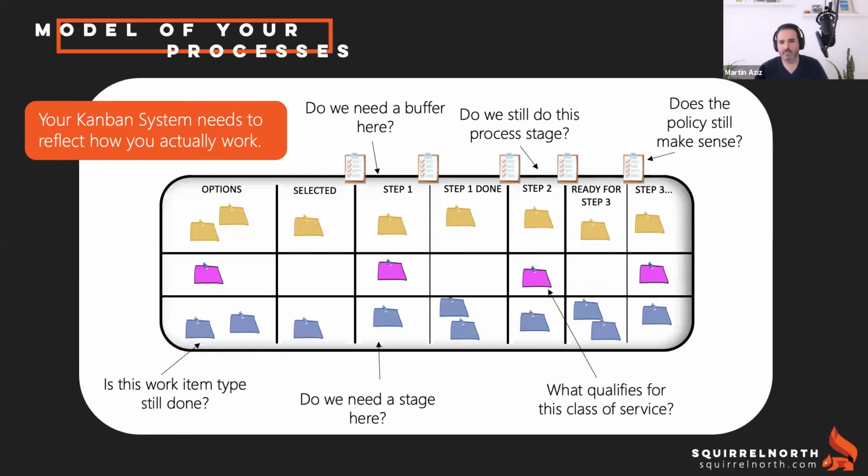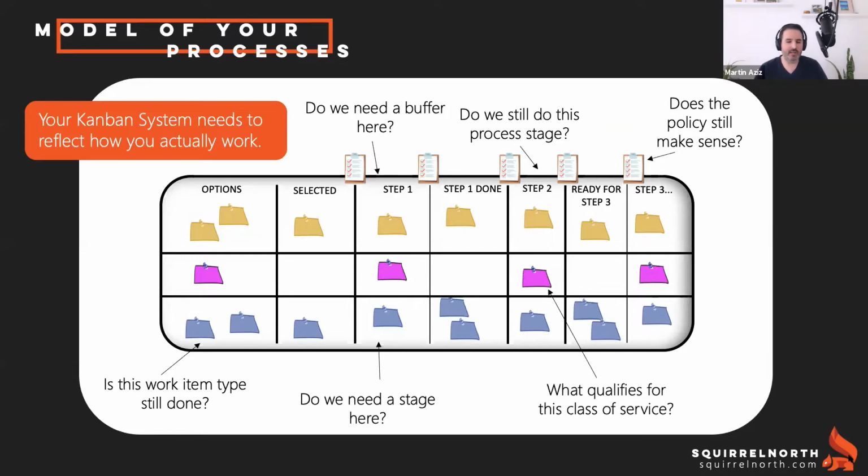Does every stage in my process still make sense? You may have to introduce new stages or remove existing ones. In particular, policies, and I'm going to go into that in more detail later on: do they still make sense? Do you need to introduce new ones, ways of dealing with your current way of working?